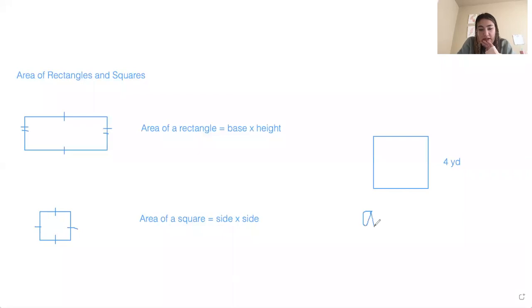We're just going to do area equals side times side. So this gives us 16 square yards, or yards squared. See how that worked out?